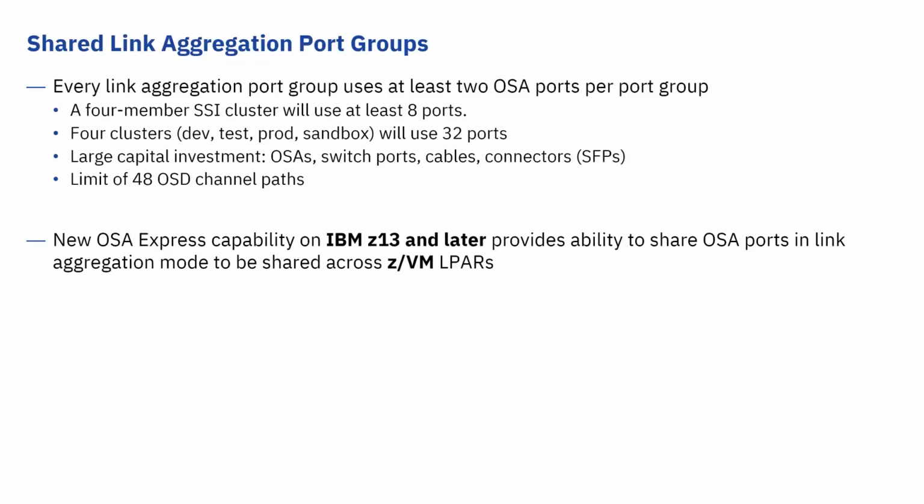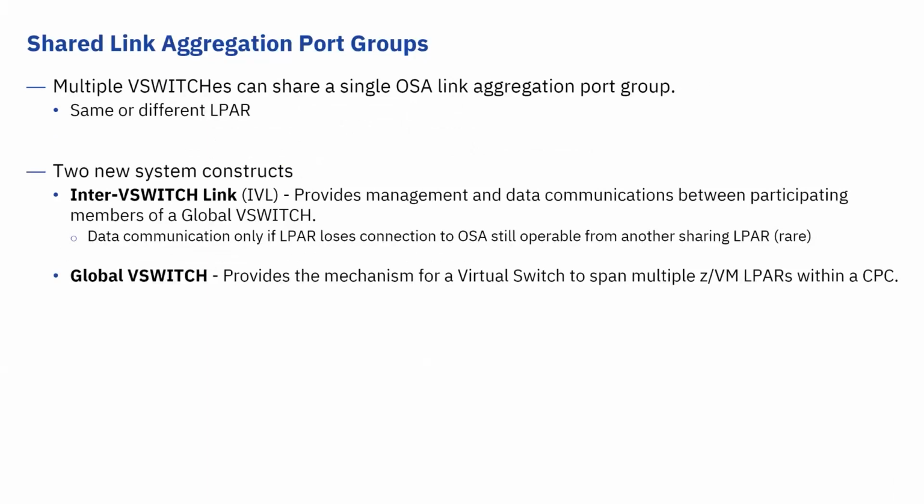Don't think about it as sharing the individual OSAs for other purposes, but you can have a port group that spans multiple VM LPARs. So if I've got 2 test LPARs, they can share the test port group. Production LPARs can share the production port group. Okay? So that is one way to reduce the cost. Now, those vSwitches that you're sharing with can be in the same LPAR or a different LPAR.